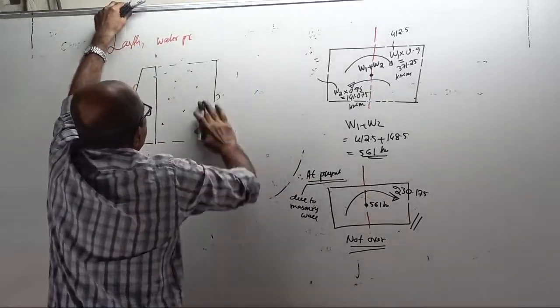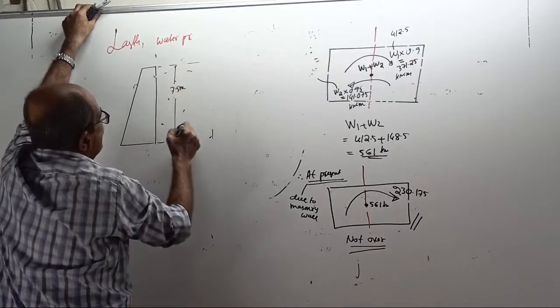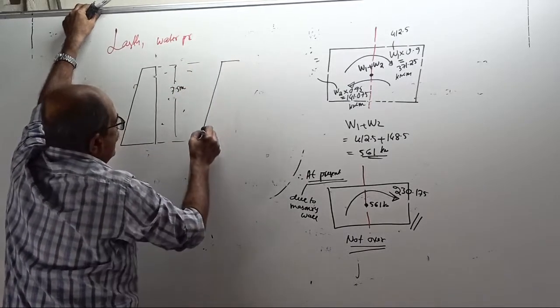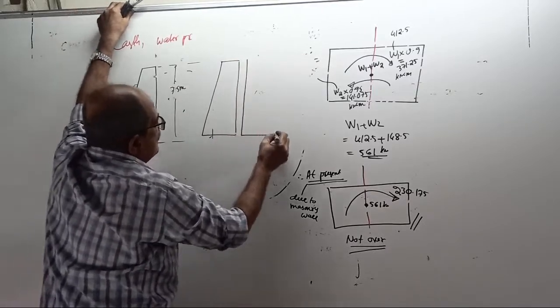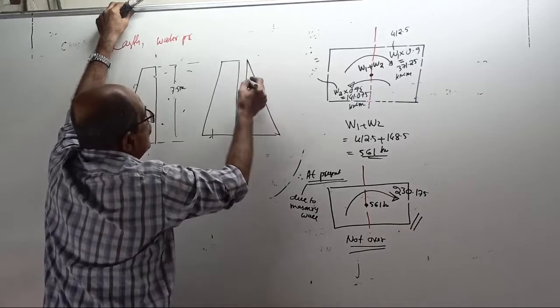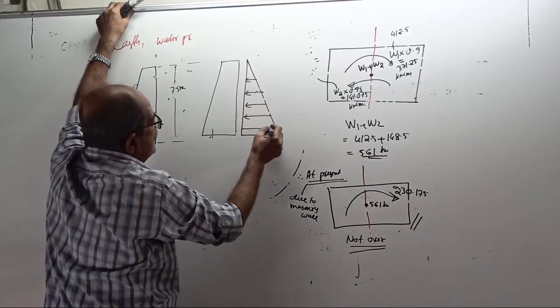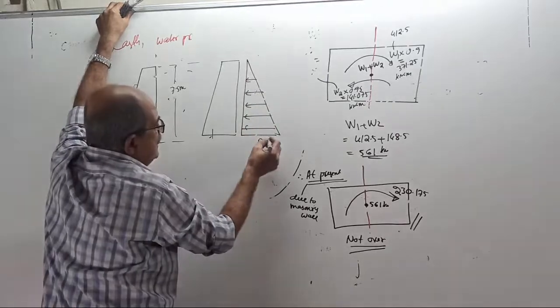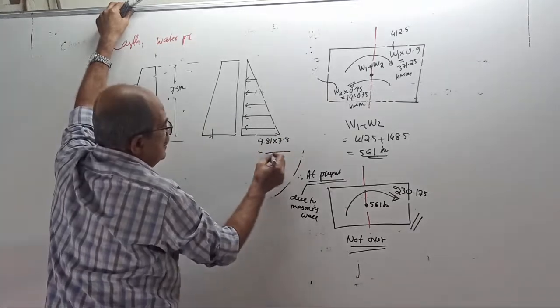So, this is 7.5 meter. Therefore, for this one, there will be water pressure like this. Water pressure will act here. This pressure is 9.81 into 7.5. Answer. Fast.